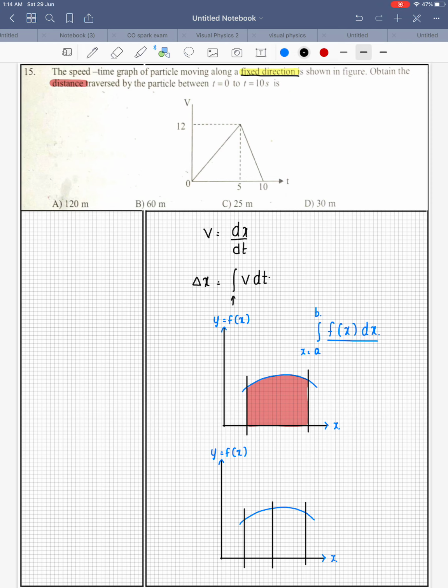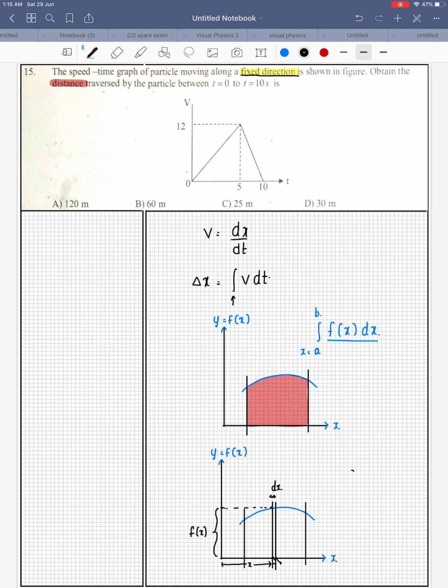This dx is so small that, say, this distance is x, this is dx, so this will be x plus dx. So at x, what will be this value? This value will be f of x.